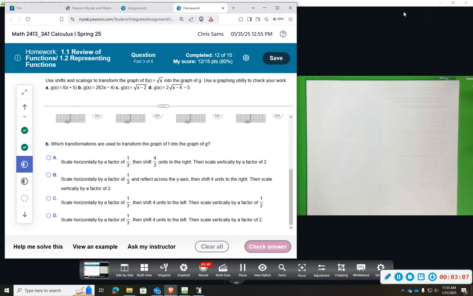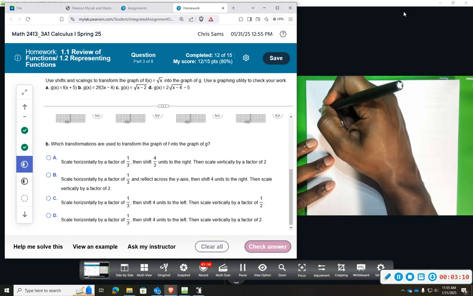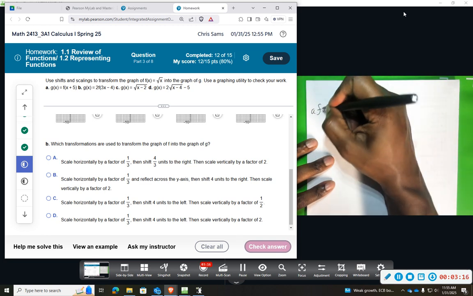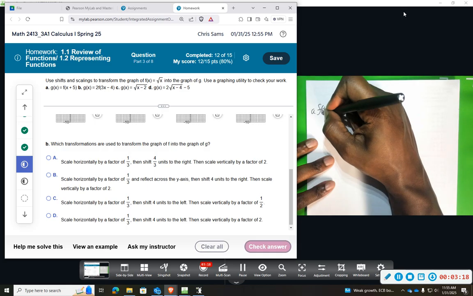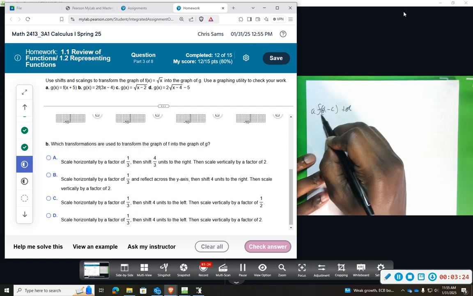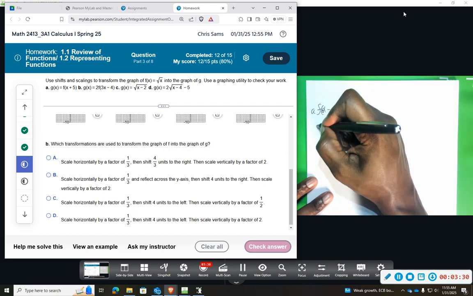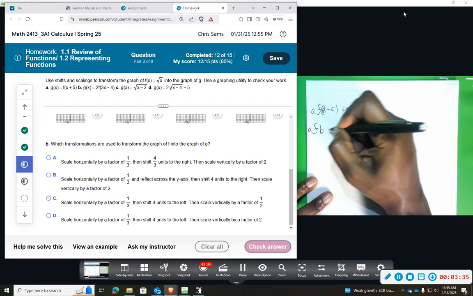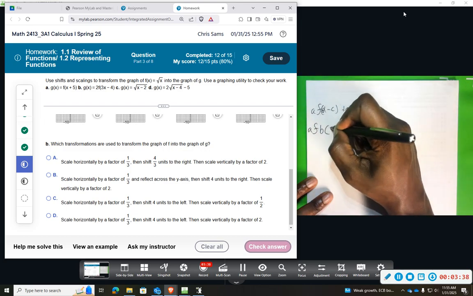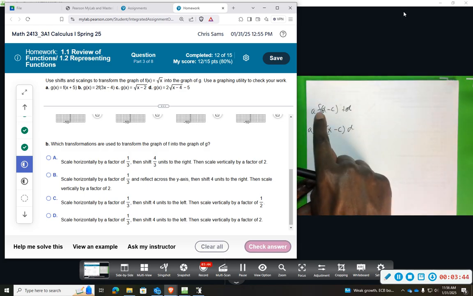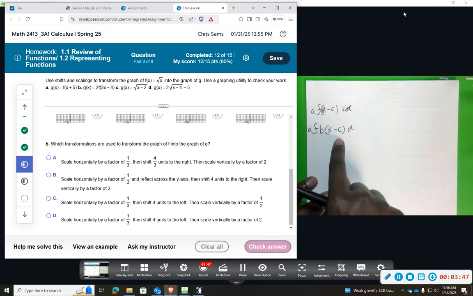When you do these transformations, it's usually A, and then we have a B, X minus C plus D. Actually, what you want to do when you have both of these, because you don't always have both, is think about factoring out. You have A times F, and you factor out that B so that you have X minus C by itself, so you can clearly see the C. Since that B started on the inside, when you factor it out, it has to come out of the C as well.